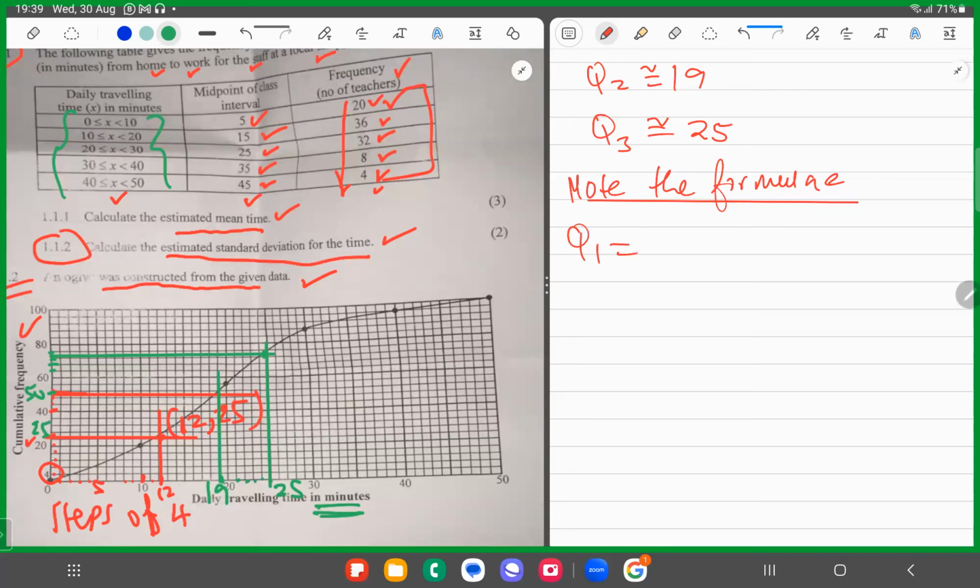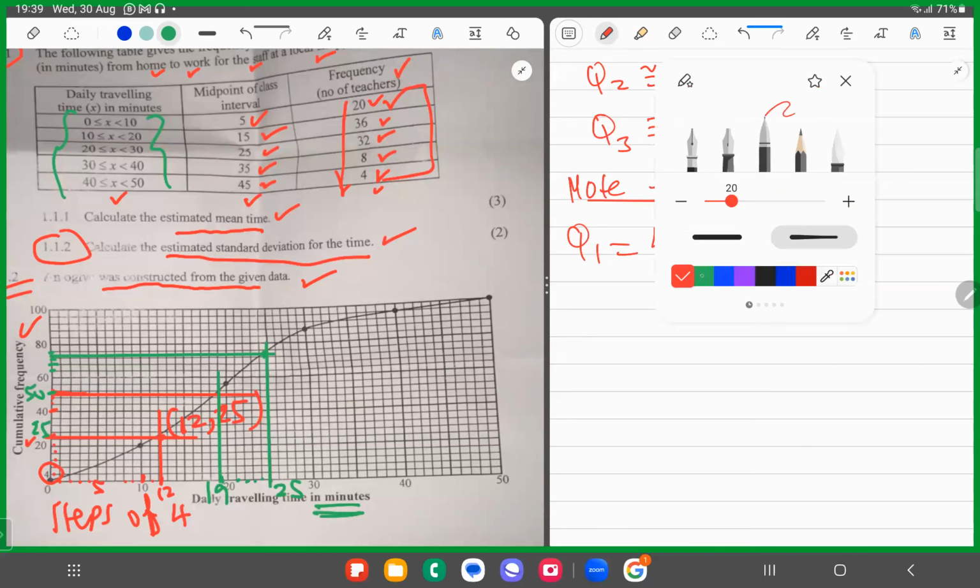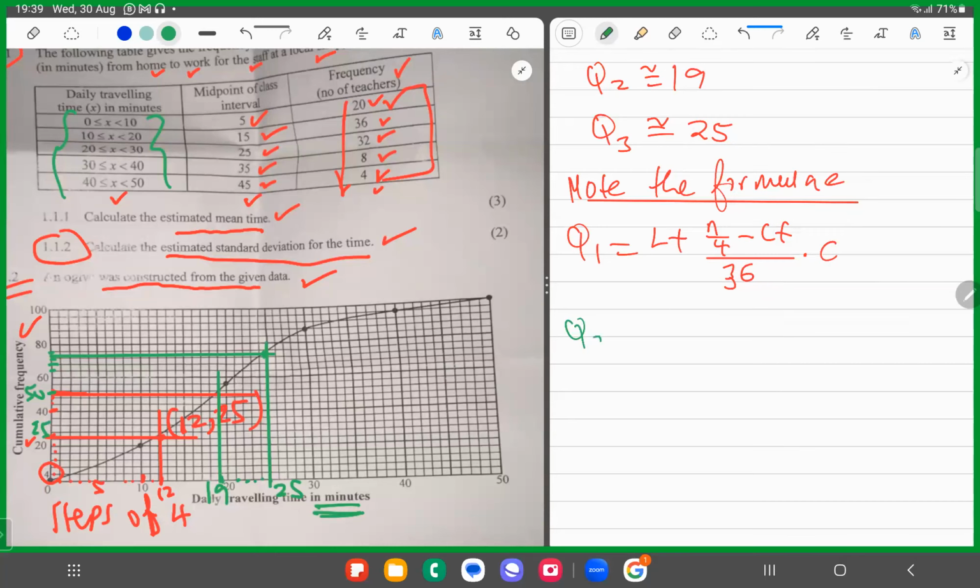We say Q1 is L plus N over 4 minus CF, you divide by the frequency, and you multiply by C. You might be seeing this for the first time, but it's going to help you. Let me use different colors so it's not boring.